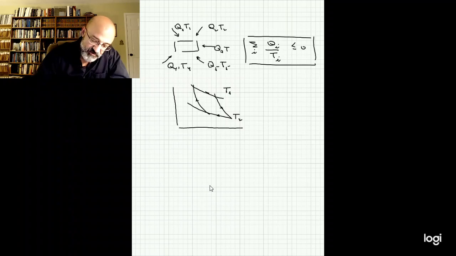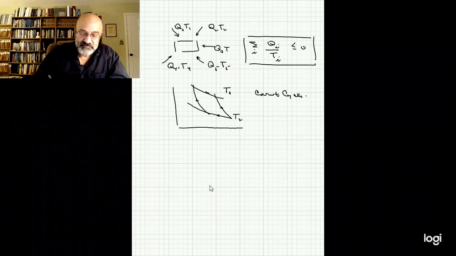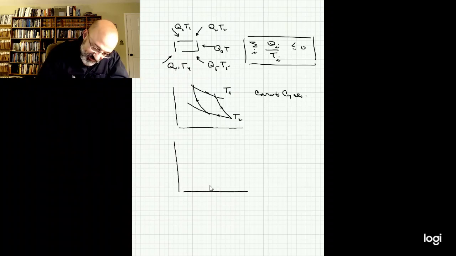So this is a Carnot cycle. You can imagine now what happens when you have, so this, what is this? For an ideal gas, the variables would be PV.